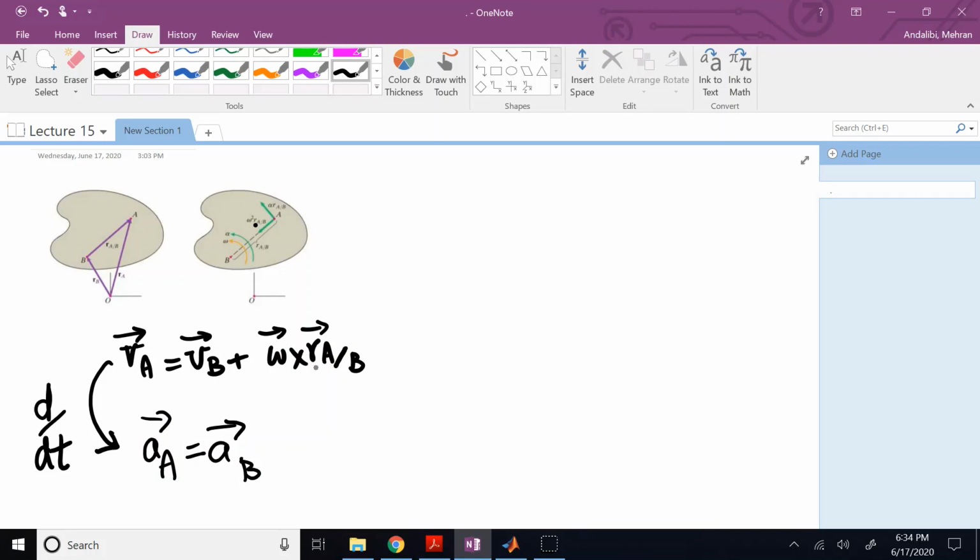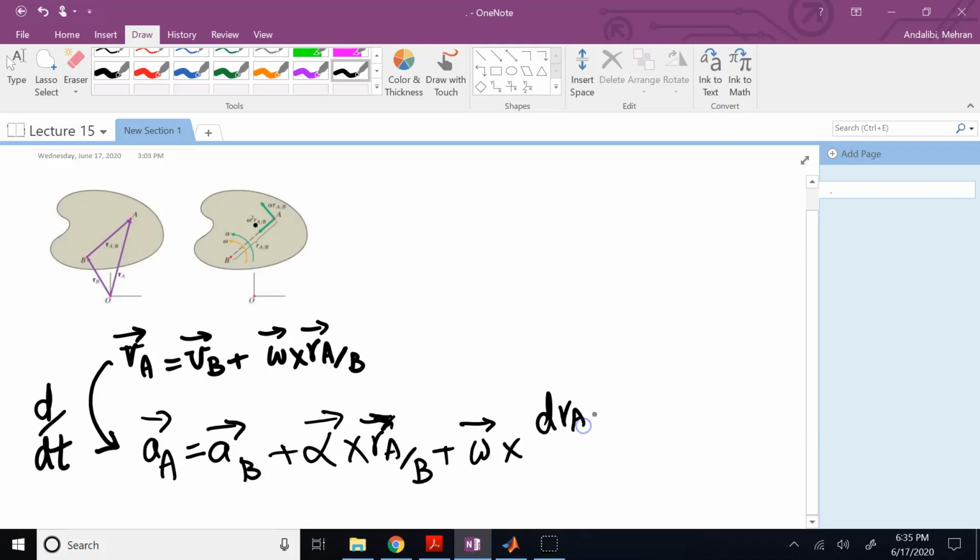And since it's a cross product, a product of two vectors, we have to apply the product rule. So it is going to be the derivative of omega cross the second one, and the derivative of omega is called alpha. So alpha cross r of A with respect to B, and then plus omega cross the derivative of r of A with respect to B over time, right?